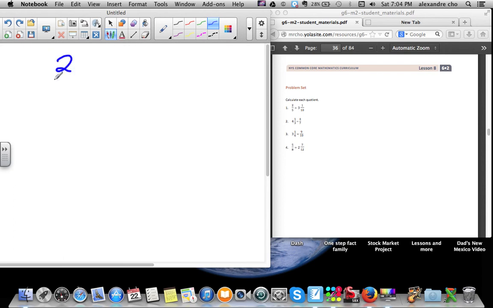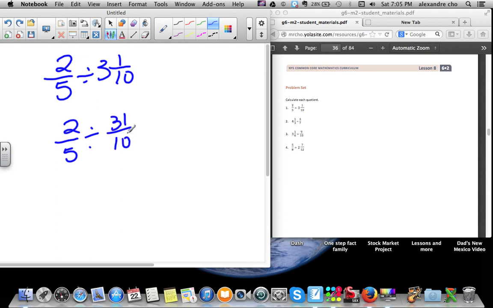2/5 divided by 3 1/10. Well, okay, it's a mixed number. Big deal. Change it. So 2/5 stays the same. That becomes 10 times 3 is 30 plus 1, 31/10. Okay, so you got choices over here. You can divide 2 ways.